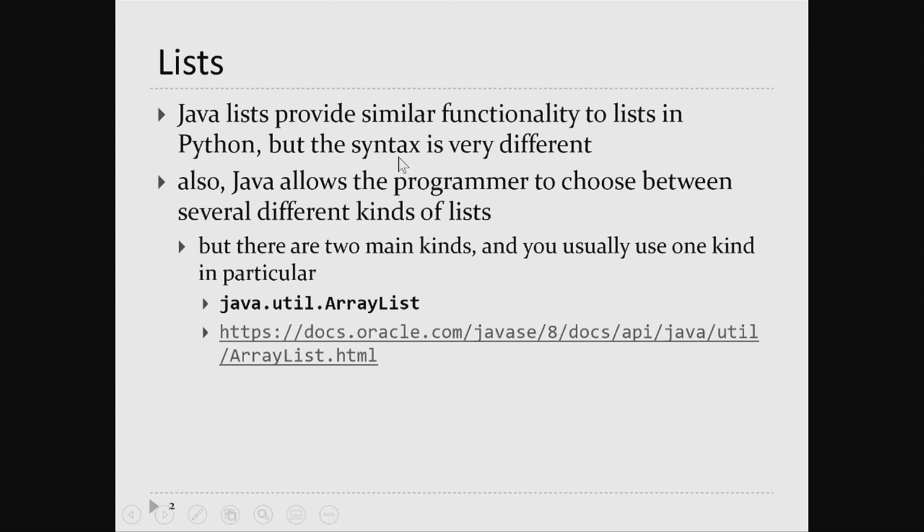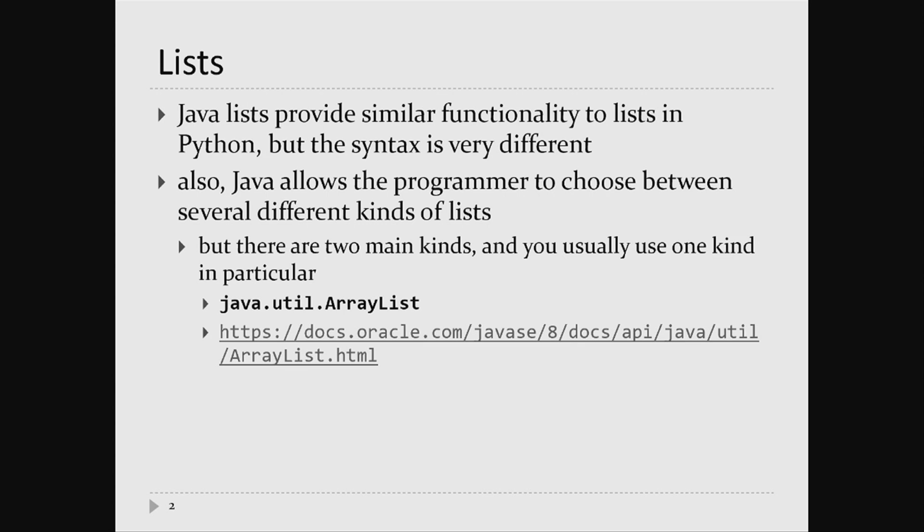Lists are the closest thing in Java to Python lists. They provide similar functionality to lists in Python, but the syntax is quite different. So again, you need to go through this translation process when you try to use a Java list if you're used to the Python programming language. Now, the other thing in Java that you cannot do with the Python standard library anyway is that Java lets you pick between several different kinds of lists.